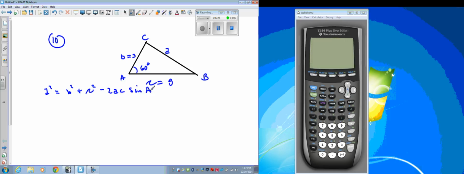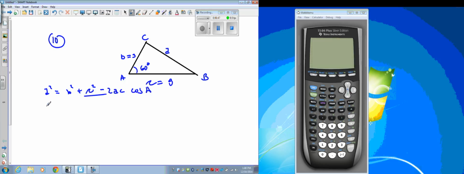Sorry, thank you. I would have gotten there. Cosine. But you see that on this side it involves only b and c, and then the angle A.